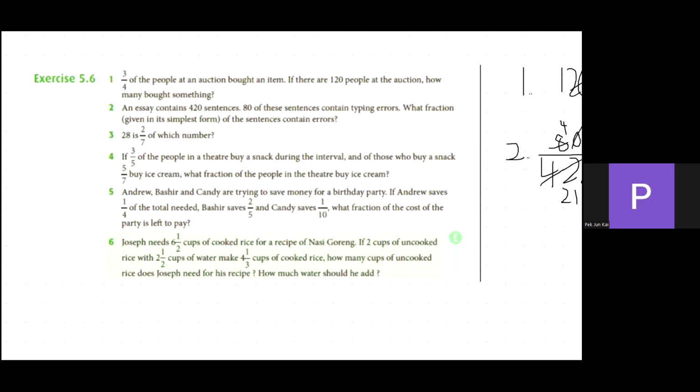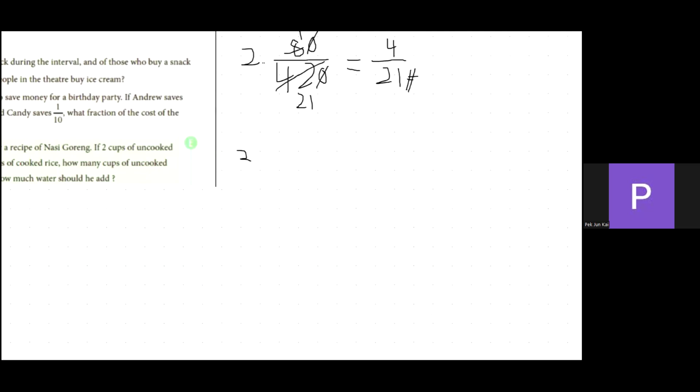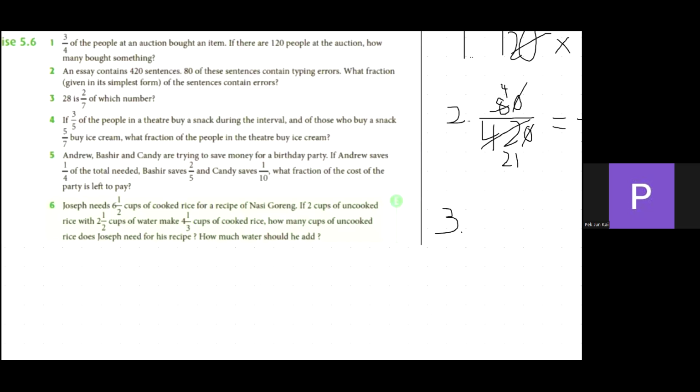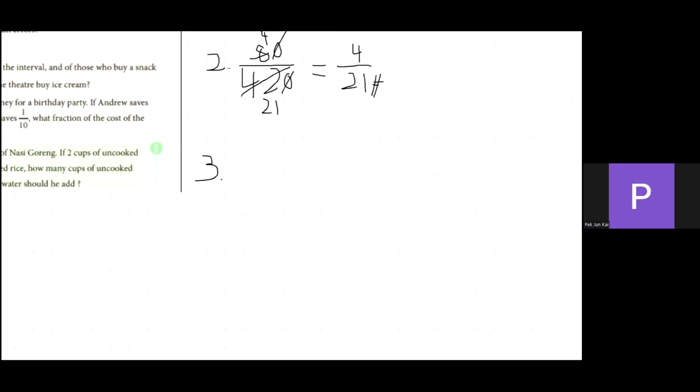Next, question number 3. 28 is 2/7 of which number? So there are different ways to calculate this question. So for example, 2/7 times x equals to 28, and we need to find x.